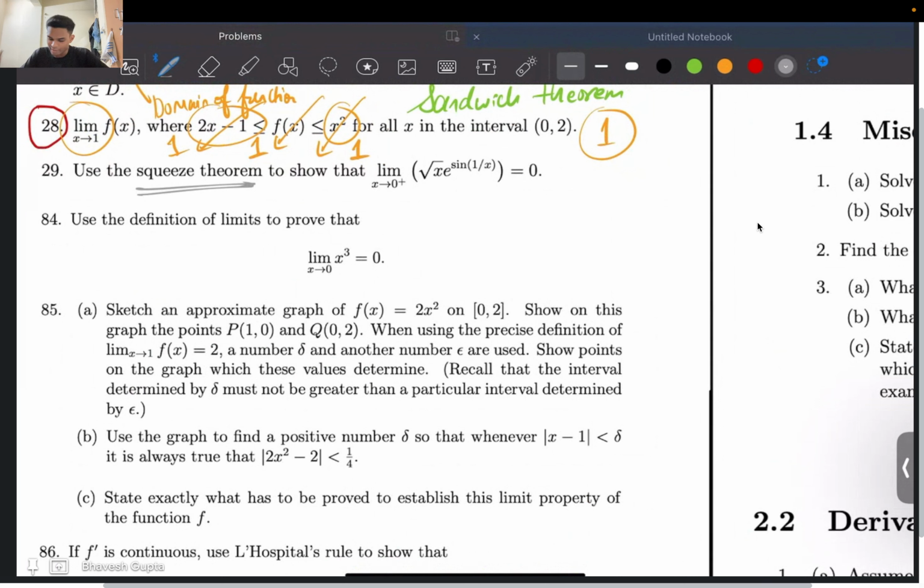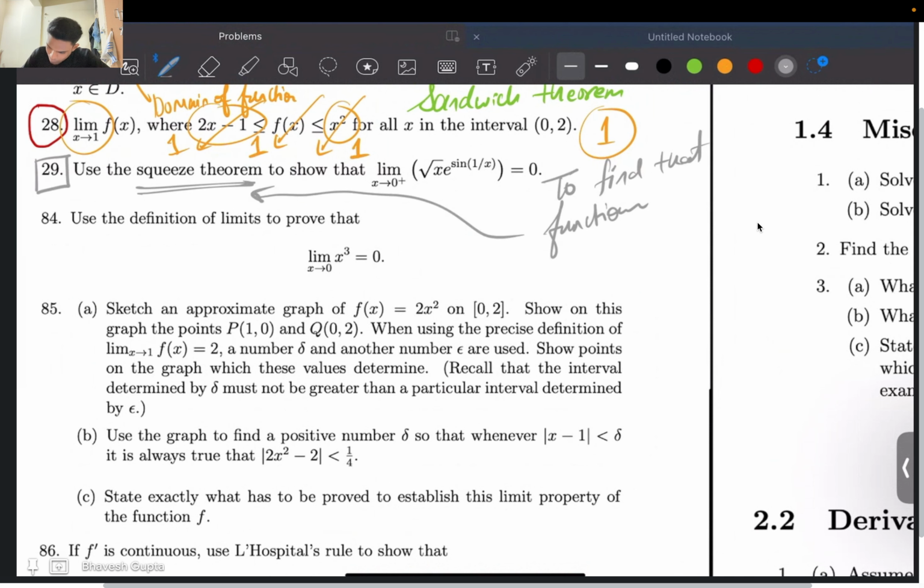The question 29 basically tells you to find those functions so that you can apply the theorem.